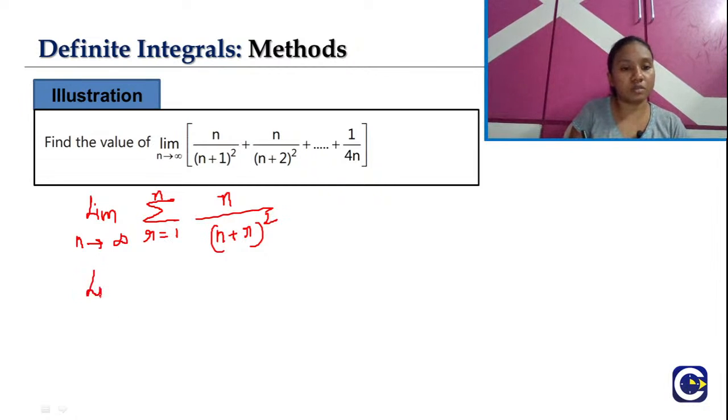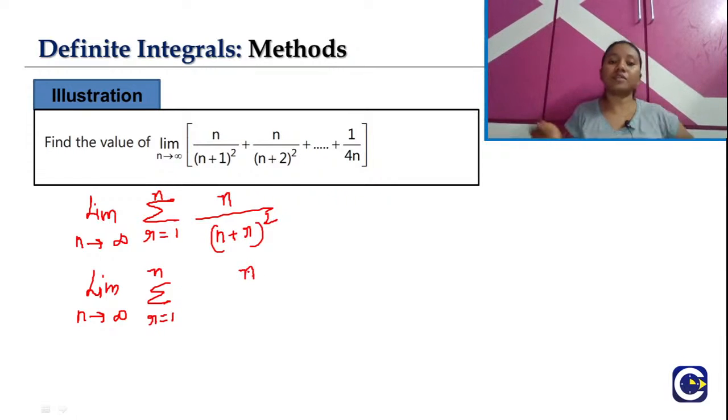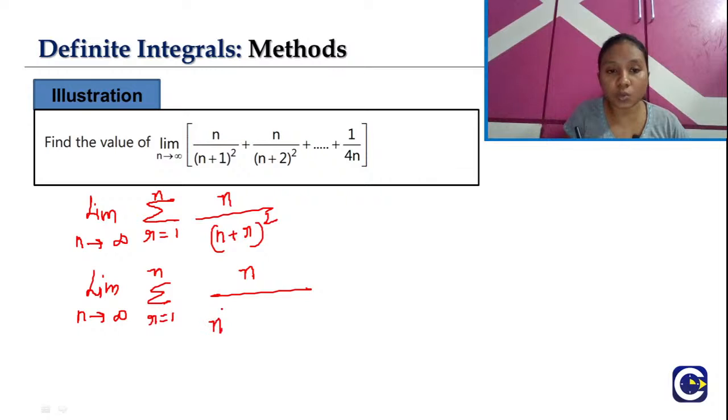So this will be limit n tends to infinity as it is. Sigma r will be from 1 to n as it is. And here our function should be in terms of r by n. So in the denominator, if you observe, it's a whole square. So from here we can take n square out as common, which here it will become 1 plus r by n whole square.